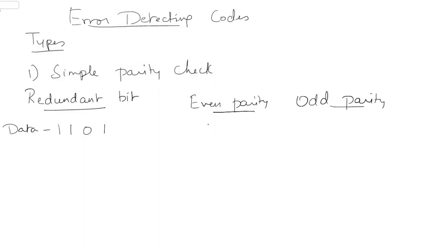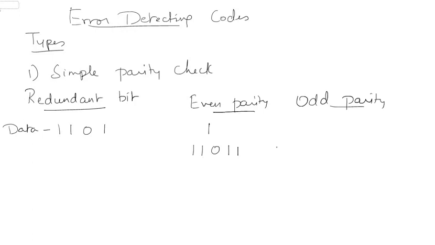So according to even parity, we need to add a single 1 here. Now the data becomes 1, 1, 0, 1. Along with this, add the extra parity bit which is 1. Now if you count the number of ones, we have 1, 2, 3 and 4. So this is known as even parity.